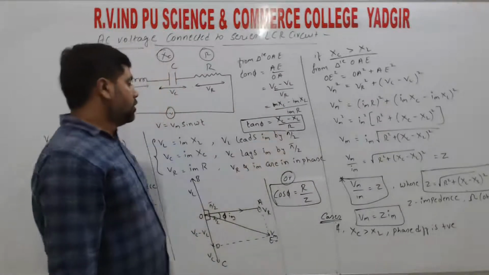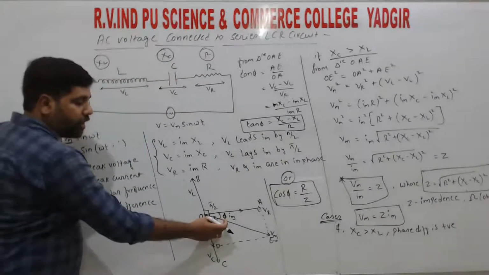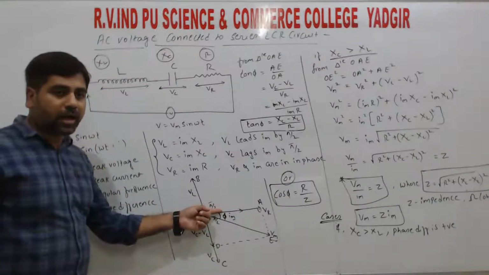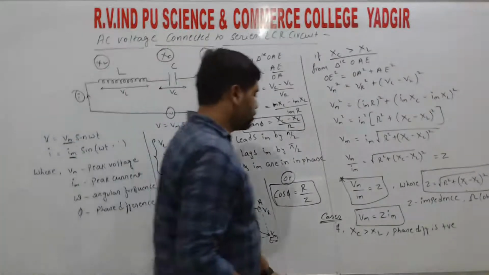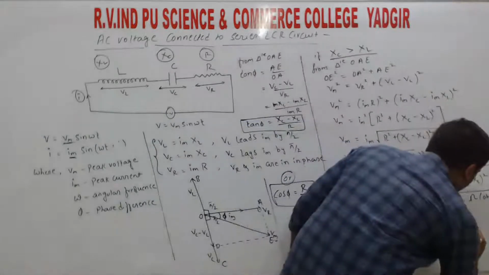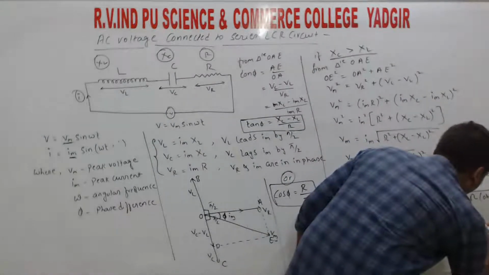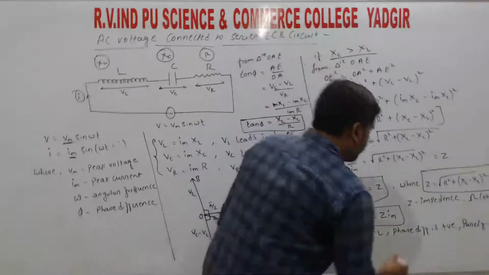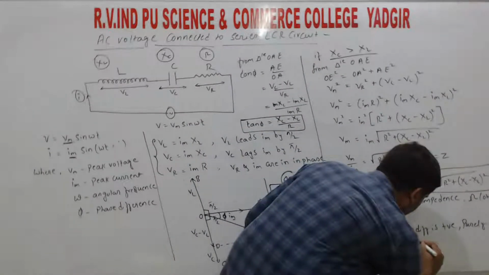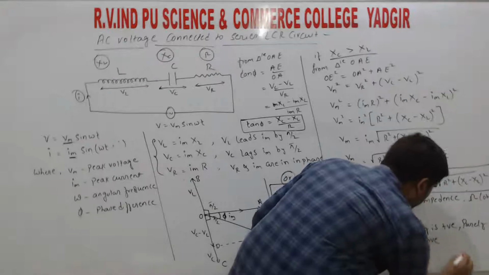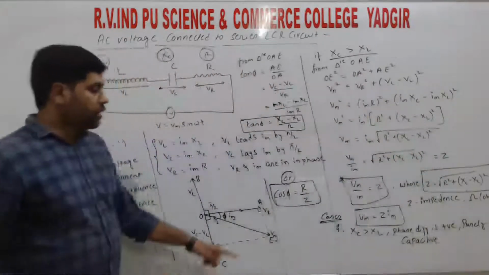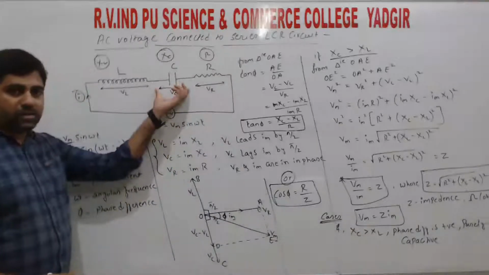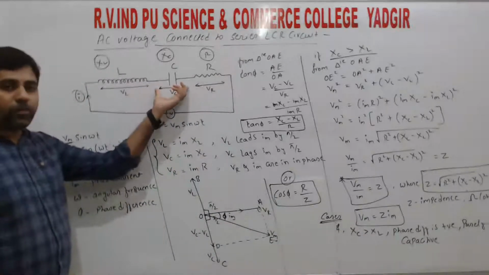That means this phi value is positive. That means voltage leads the current, right? So it becomes purely capacitive. Because if Xc is greater than XL, the series LCR circuit becomes purely capacitive.